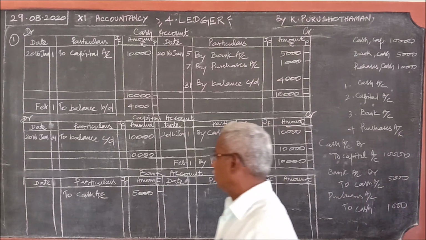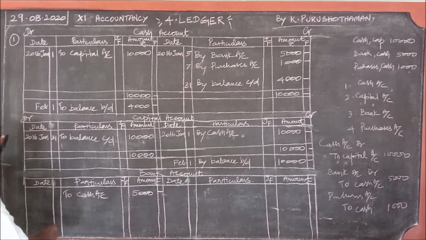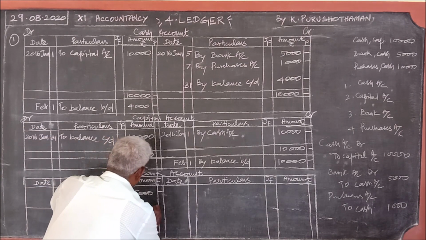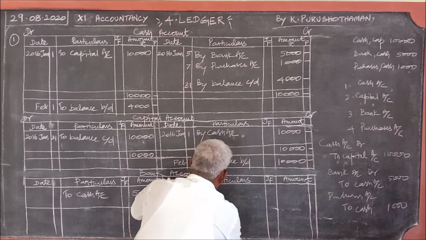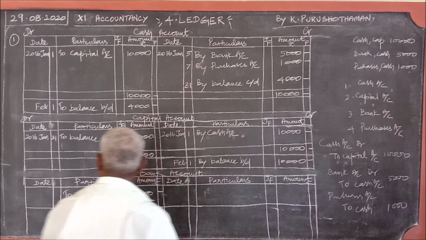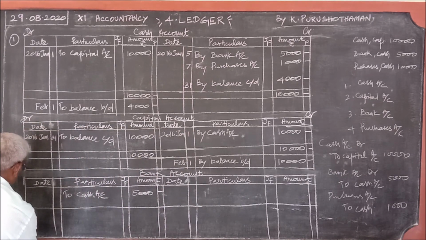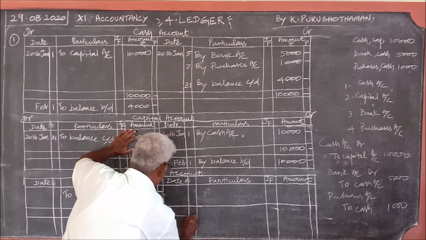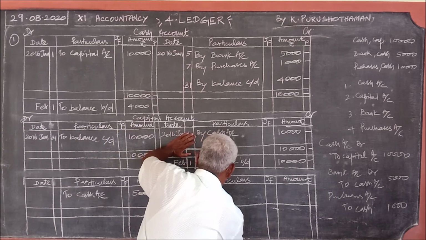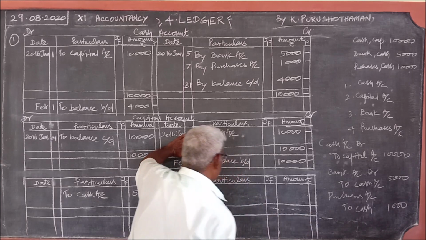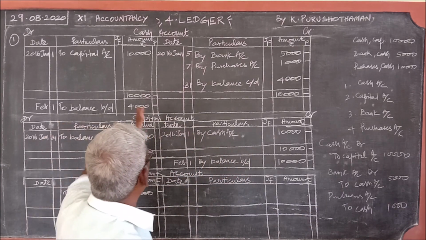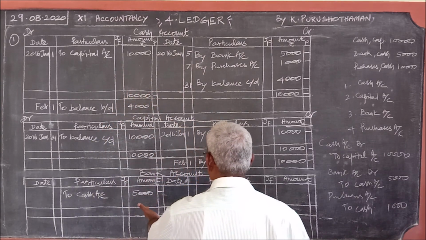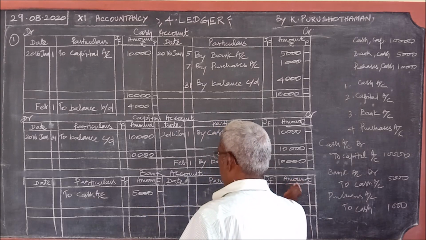So what can we do? We should close the ledger after leaving a line at the bottom. Here we have done two ledgers, and the same thing we should follow. This side total 5,000, this side total 0.